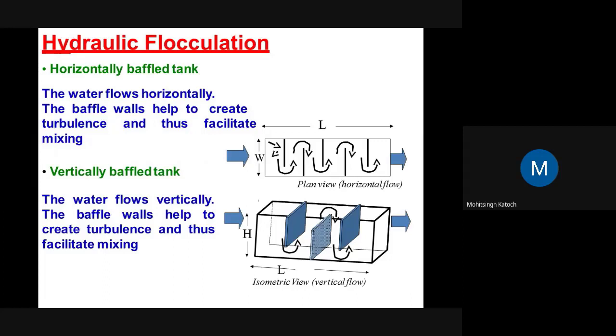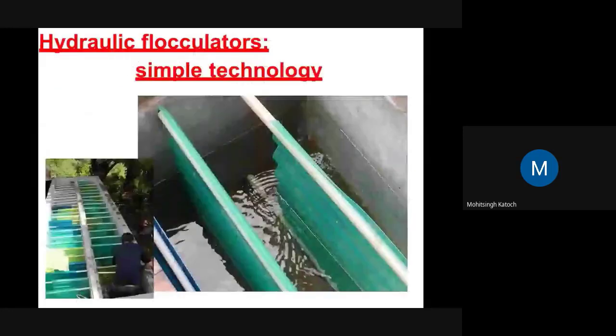It is going below the tank, then it is going from above the tank, then again it is going from below the tank, and so on. So this is a basic difference between horizontal baffle tank and vertical baffle tank. And this is an actual photograph of horizontal hydraulic flocculator. The water moves in left and right direction.